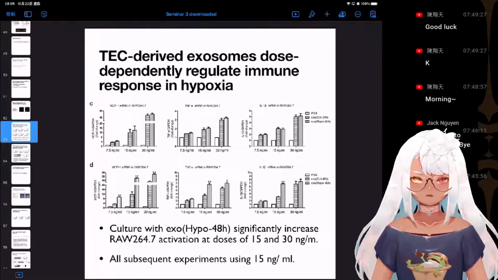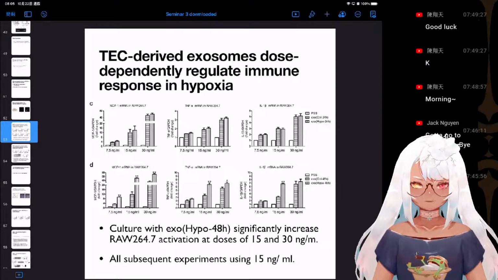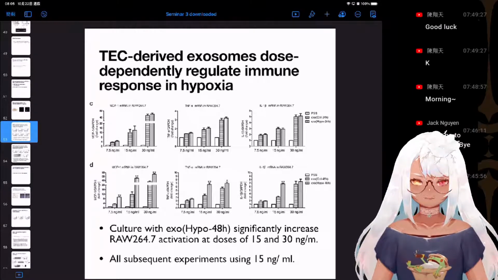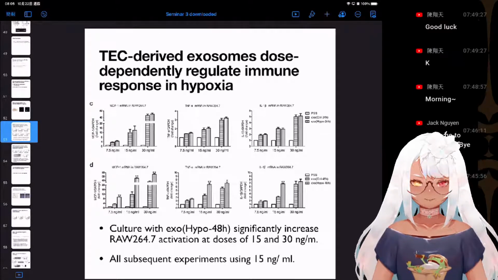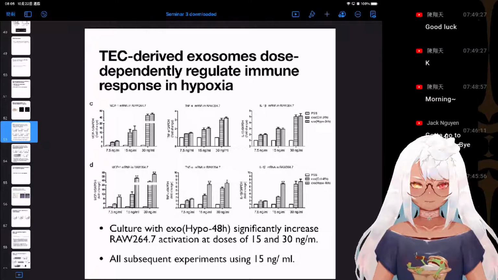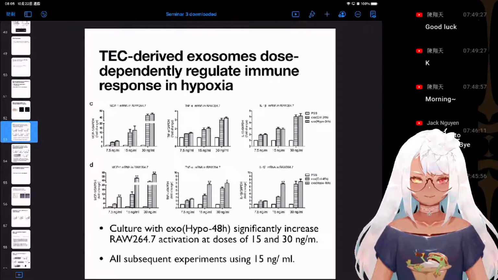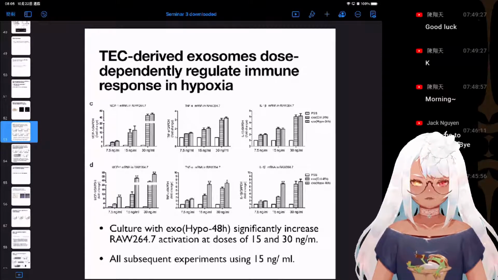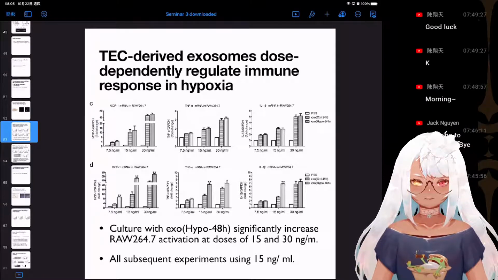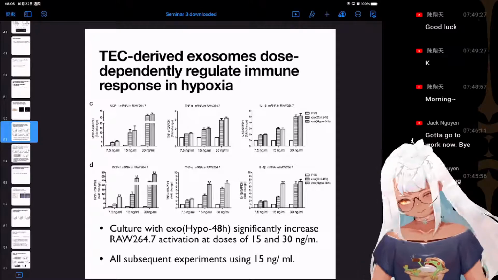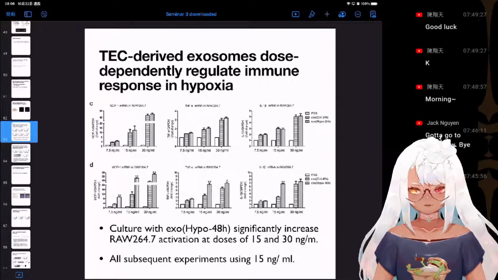The next thing the author wants to ask is whether these exosomes can dose-dependently regulate the immune response. So the author will culture macrophage with these exosomes derived from 48-hour hypoxia or 24-hour hypoxia at different doses. They use RT-qPCR to examine the expression of the inflammatory molecules inside this macrophage.